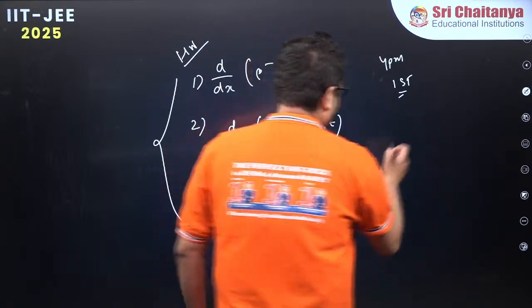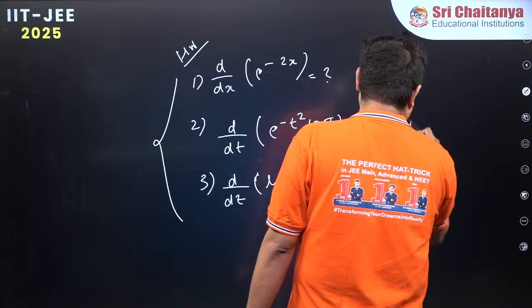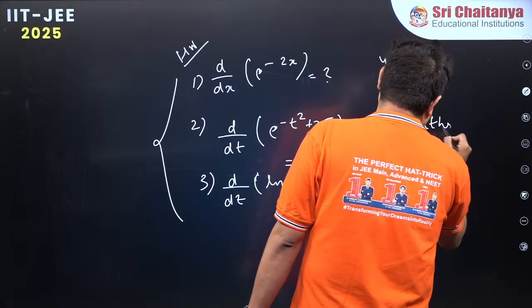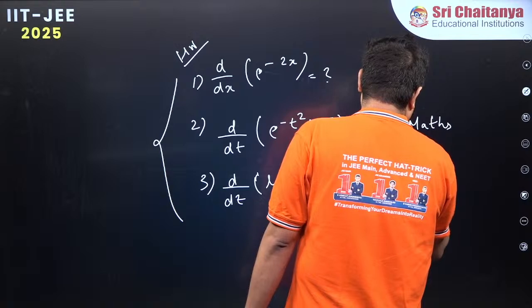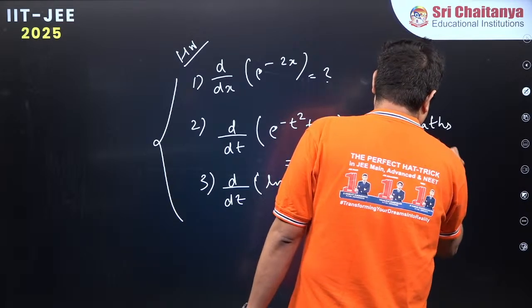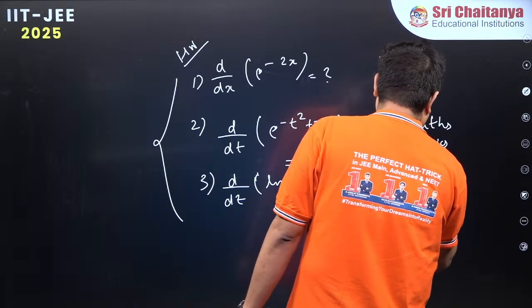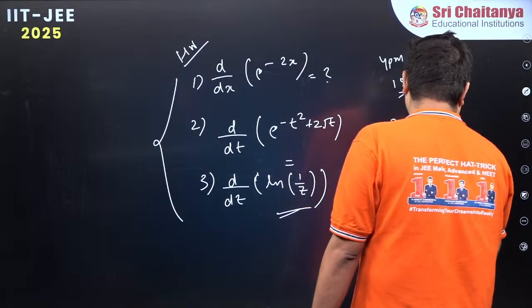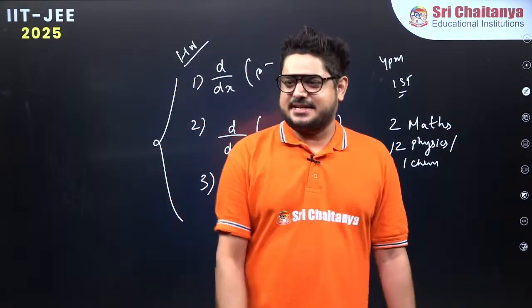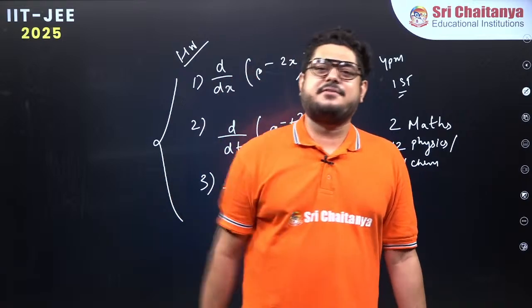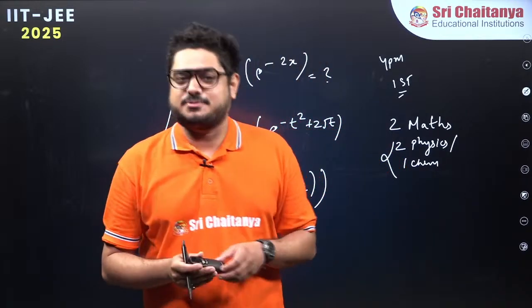Like 2 hours maths. Mathematics is very, very important. Then go for 2 with physics, 1 chemistry, or just the vice versa. You can keep on exchanging this. Sometimes 2 chemistry, 1 physics. But mathematics for 2 hours is very, very important from the JEE main and advanced point of view.